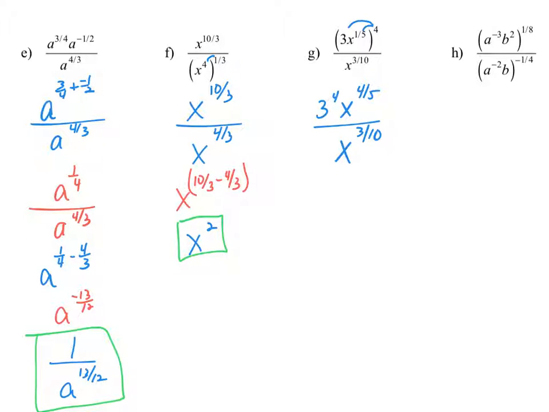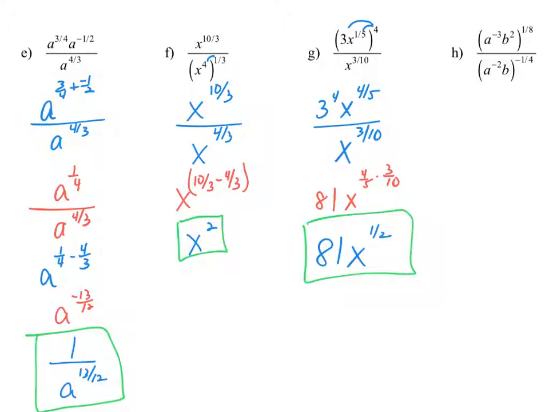Now we can simplify this. 3 to the 4th is 81, and using the quotient rule for exponents, we're going to take x to the 4/5 minus 3/10, and that will give us 81 x to the 1/2 power. And we can write that as our final answer, 81 x to the 1/2 power.